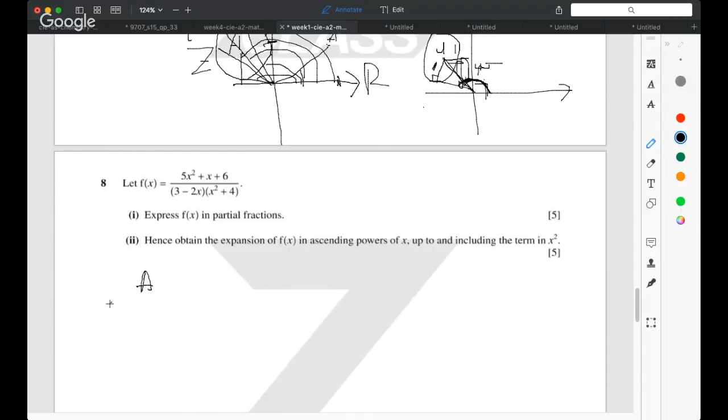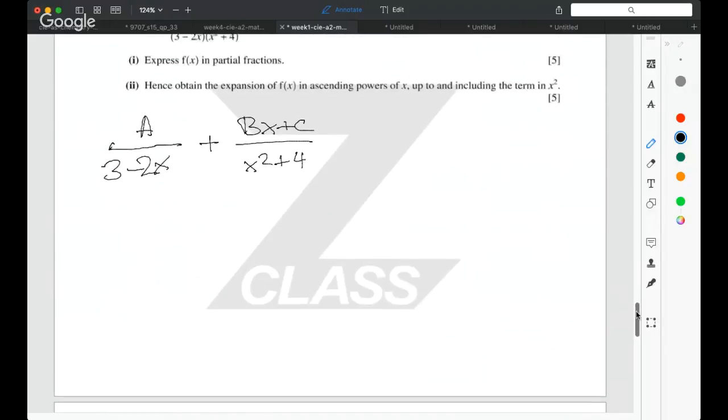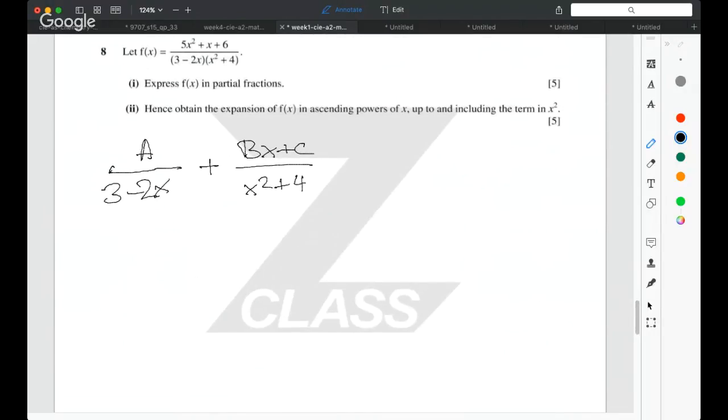So we can split this into this. That's 4. And then you all know how to calculate partial fractions, I assume.